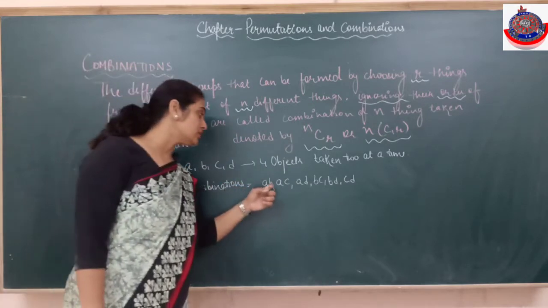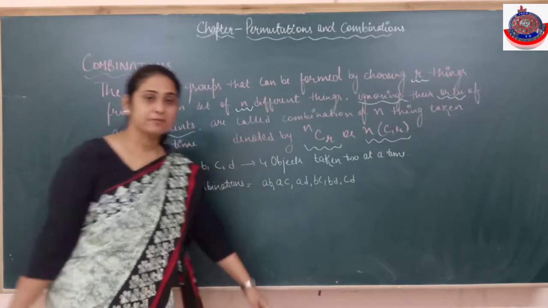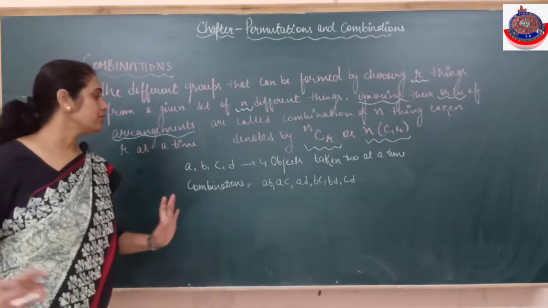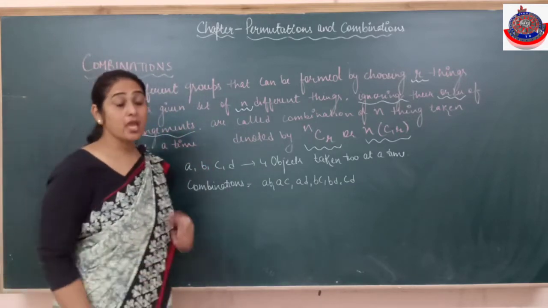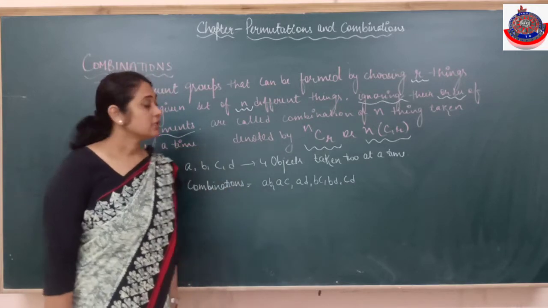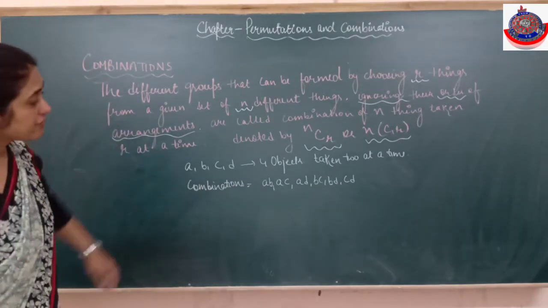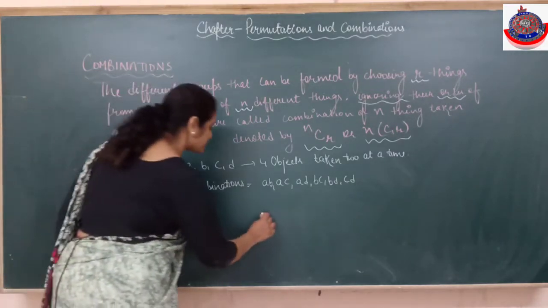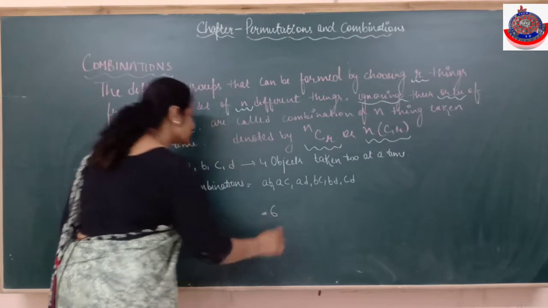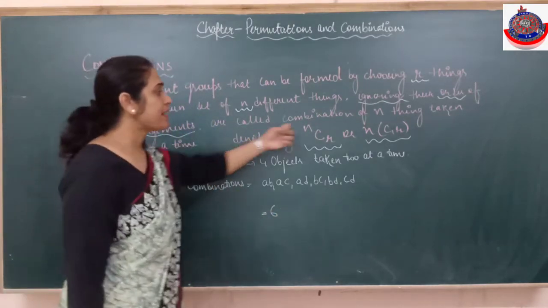I am not bothered about BA, CA, DB. That is permutation. Irrespective of the order, I selected A. It is not necessary that A should come first, B can come first. In combination it does not matter. So AB, AC, AD, BC, BD and CD we have selected. How many? 6.